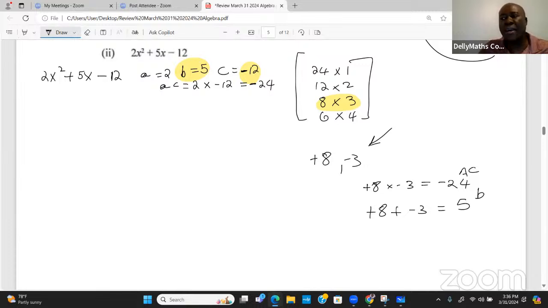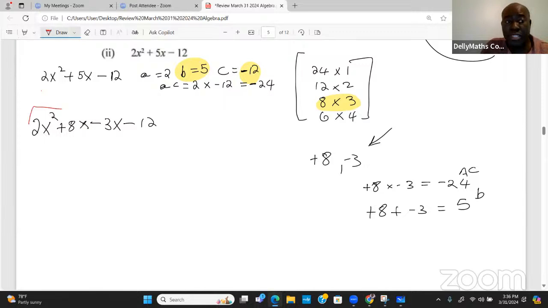When you satisfy this, you're going to take these two values and insert them in the middle. So basically, we could write back the first and the last term. Positive 8, remember to attach the variable for the middle, which is x, and negative 3x. So now we have 4 terms.